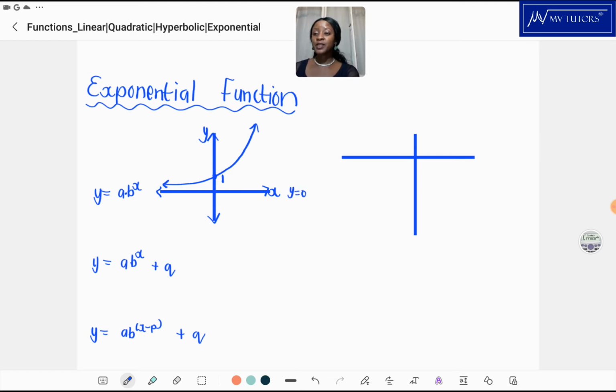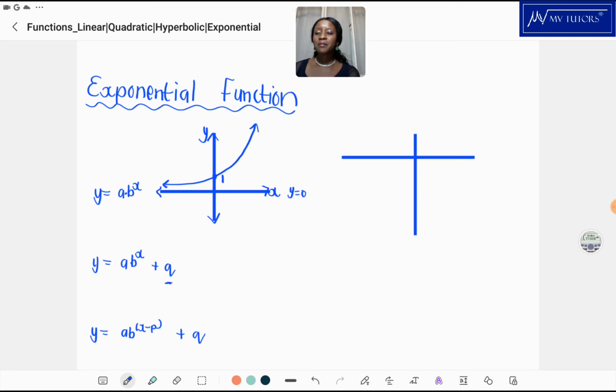Provided that there is no vertical shift yet, vertical shift represented by q, it will intersect the y-axis at 1, so your y-intercept will always be equal to 1. There is no x-intercept because that is where our asymptote is. The function tries to touch the x-axis, but it never does because we have an asymptote there. So that is when a is positive.